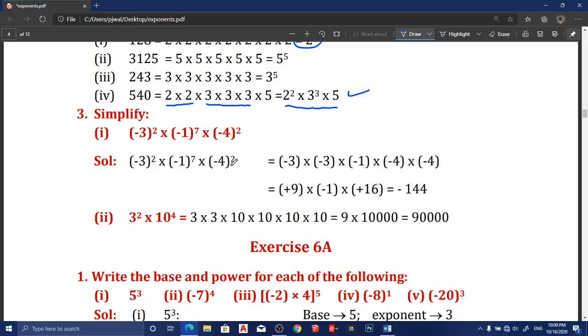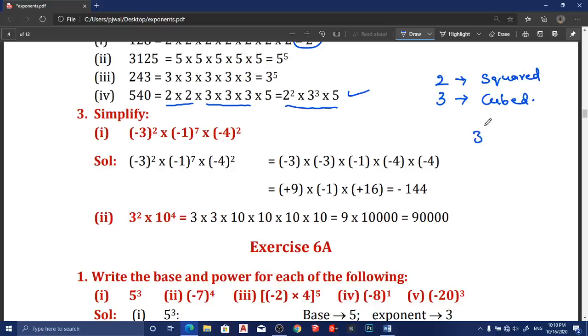Next, into minus 1 whole square: minus 4 whole square means minus 4 into minus 4. Here I am reading this raised to the power of 2 as square also. So the powers 2 and 3 can be read as squared and cubed.